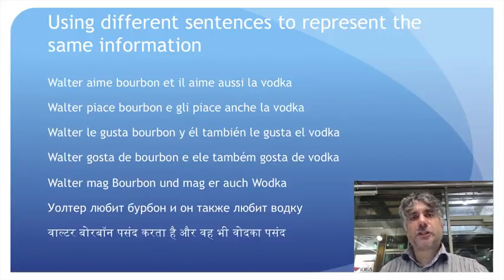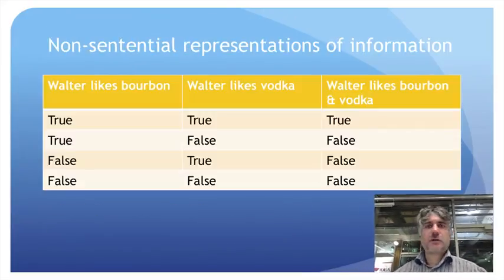Well, similarly, just as we can use different sentences to represent that information, we can also use something that is not a sentence at all to represent that information. For instance, here, we can use a truth table to represent the very same information that we were representing by means of those different sentences in the previous slide.